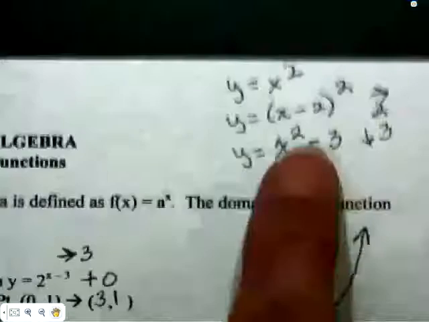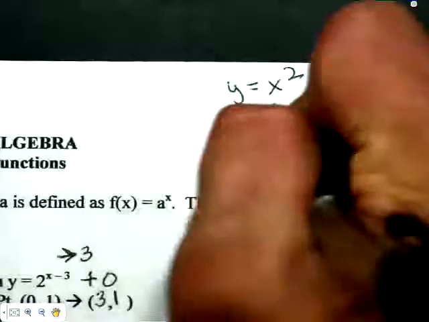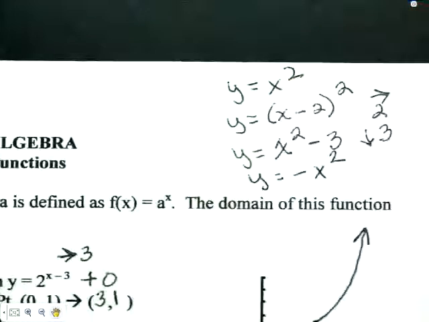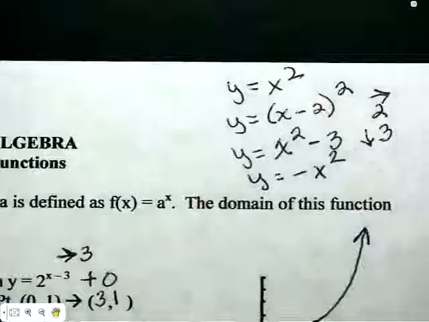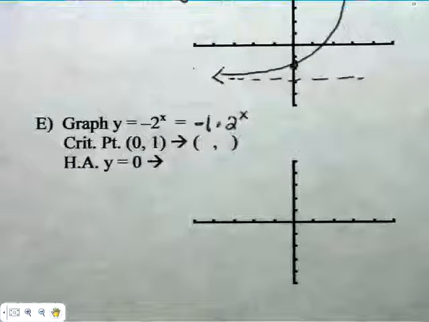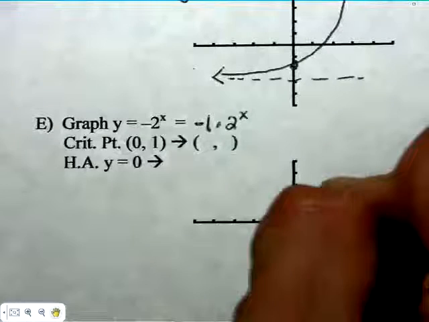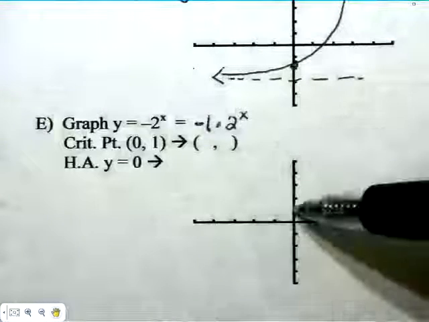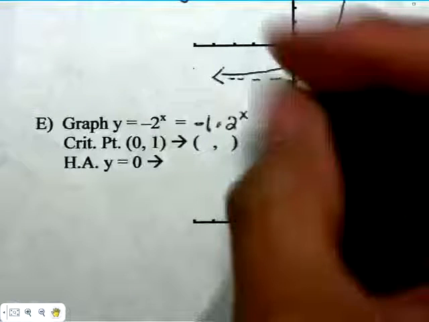What did it do to our good old quadratic graph, our parabola, if we put a negative on it? It flipped it upside down, reflected it with respect to the x-axis. Guess what a negative is going to do to this graph? Same thing. Instead of the critical point being 0, positive 1, if you reflected that with respect to the x-axis, it would be 0, negative 1.